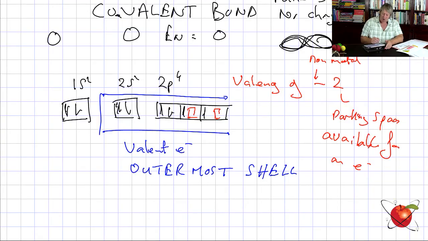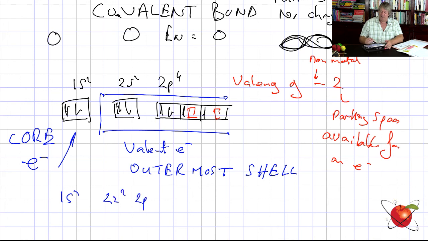Remember, we only draw the valent electrons, the outer shell electrons. That's all we're interested in. Why? Because these are the ones that take part in the bonding. The core electrons over here, these are called core electrons. This piece here. So, for example, if it was 1s2, 2s2, 2p6, 3s2, 3p5, right?